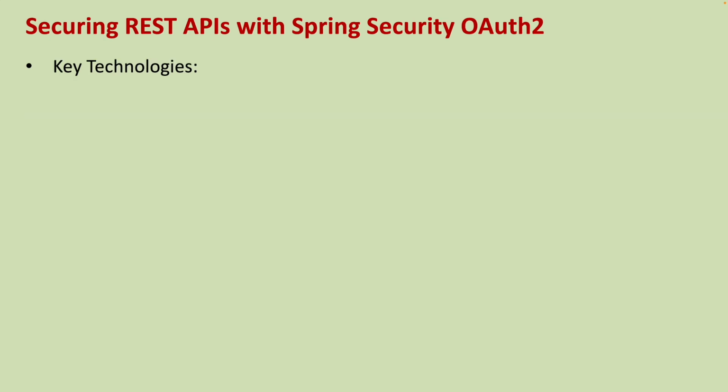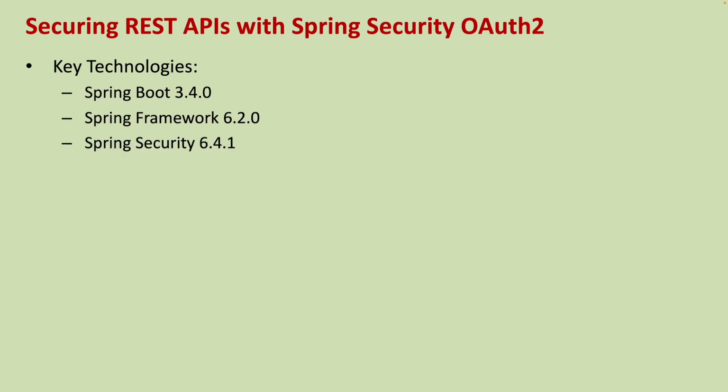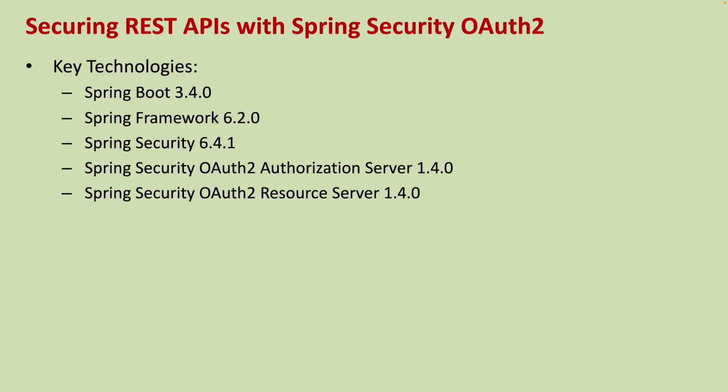To learn securing REST APIs with Spring Security OAuth2, I will walk you through the process of developing a Java Spring project using the following key technologies: Spring Boot version 3.4.0, Spring Framework version 6.2.0, Spring Security 6.4.1, Spring Security OAuth2 Authorization Server 1.4.0 and Resource Server 1.4.0.